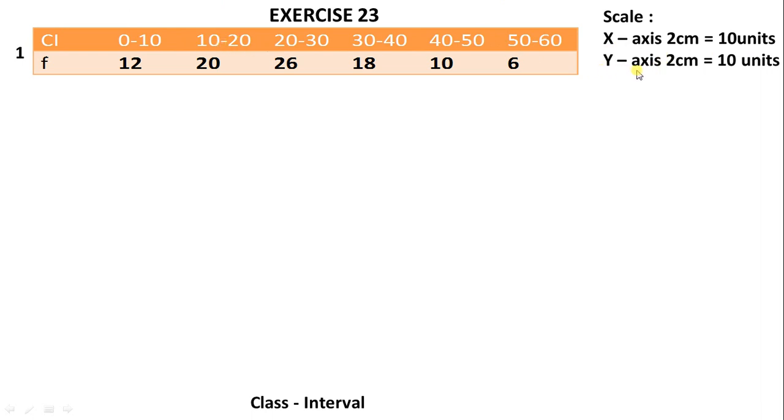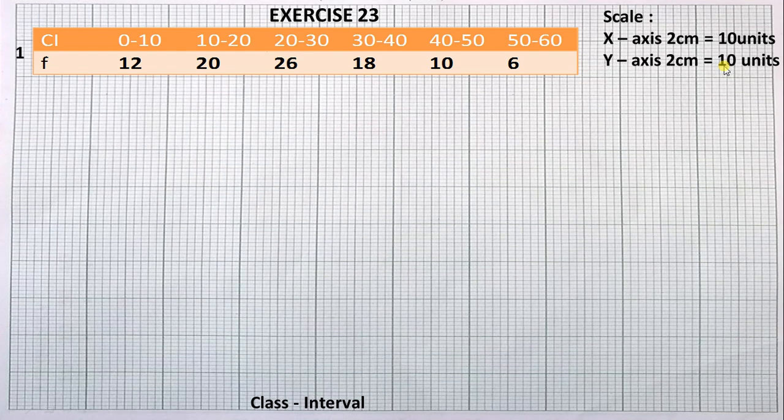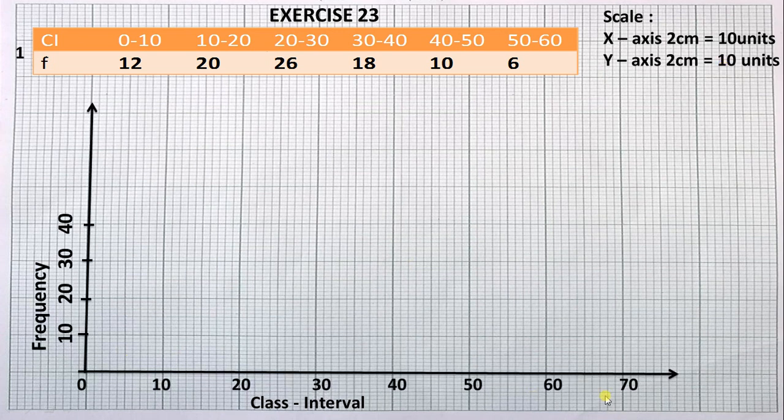Now, how to mark the scale on the y-axis? Consider the given frequency. The least value is 6 and the greatest value is 26. Hence, let us mark 2 centimeter as 10 units. Use your graph paper, draw the x-axis and y-axis, mark the class interval on the x-axis and the frequency on the y-axis. If you observe the y-axis, we have taken one box as 10 units. Why?